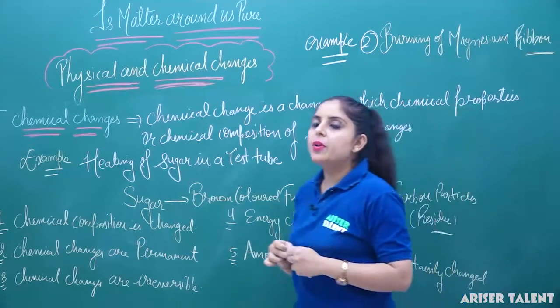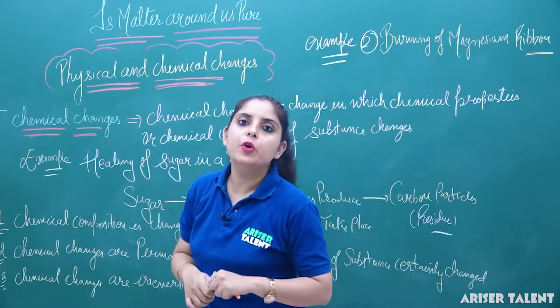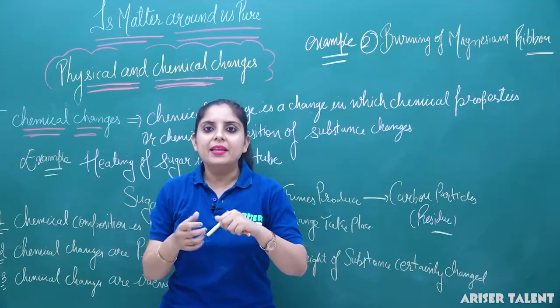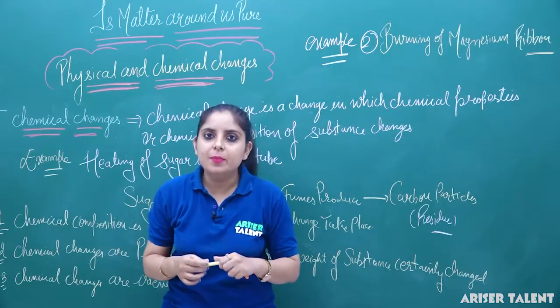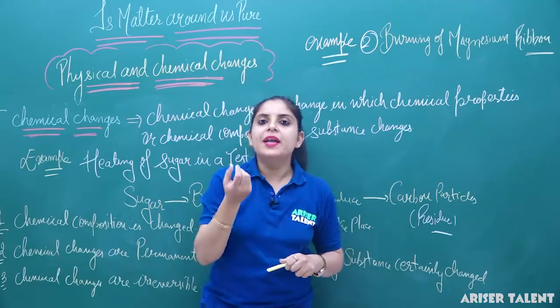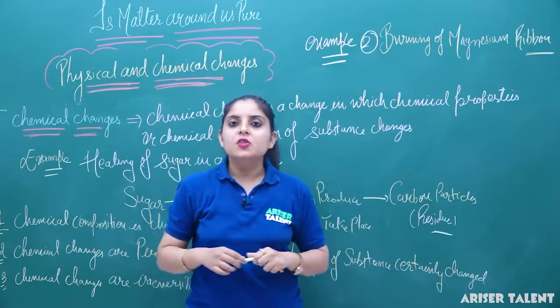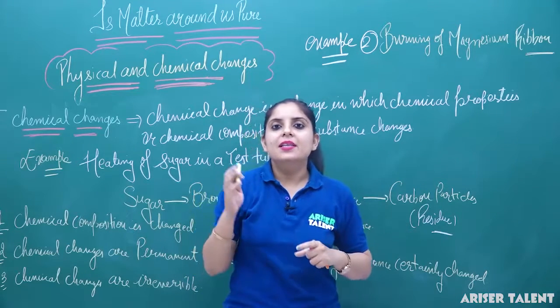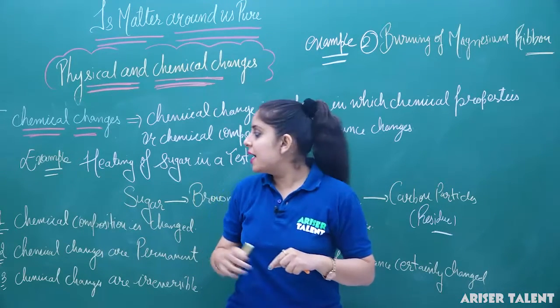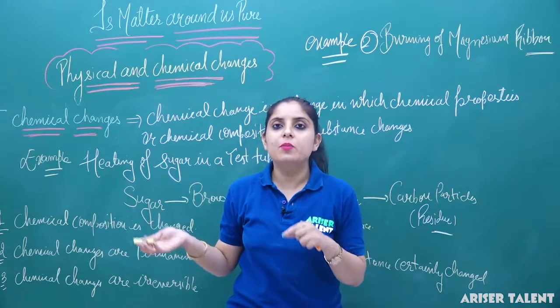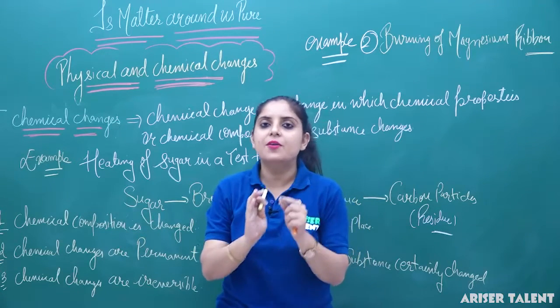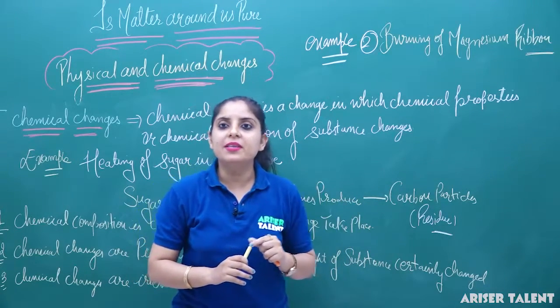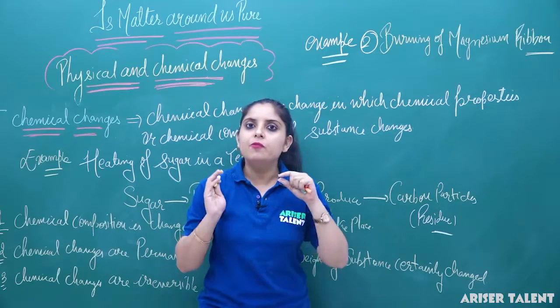If the magnesium ribbon is burned, it is going to produce a powdery substance. It means when you burn the ribbon in a Bunsen burner flame, you will get a substance in powdered form. So the ribbon is converted into powdered form. It means the chemical property of the substance is changed and you are getting a new product. So one more property is that a new product is definitely going to form whenever there is a chemical change.